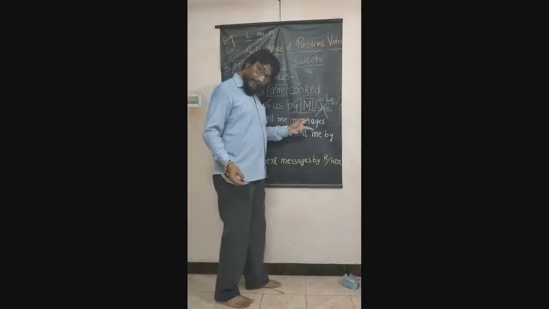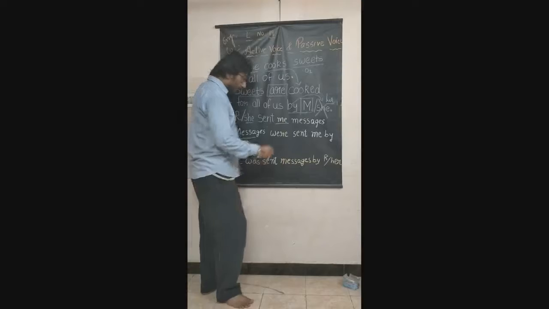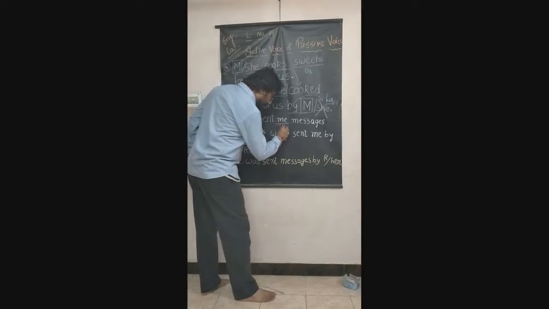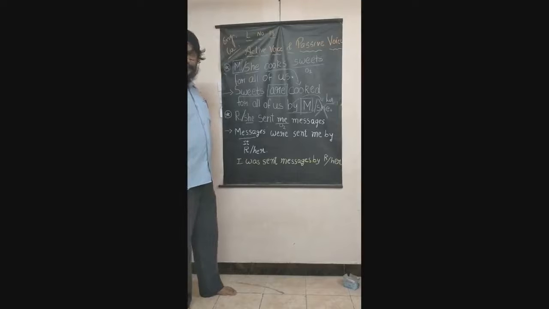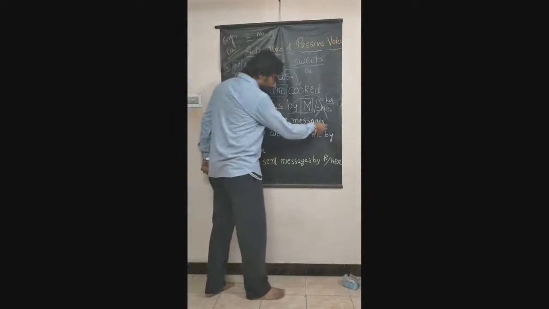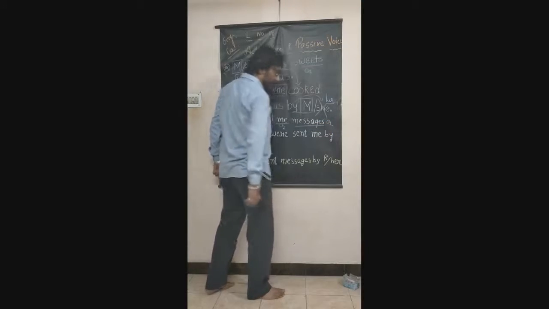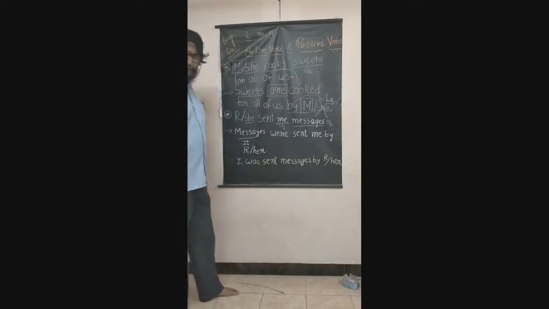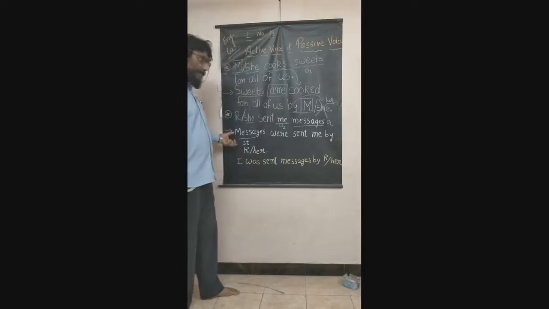Sent me messages. What is this me? Me is equal to O2, that is the second object. Messages is equal to O1, that is the first object. One by one we will give a chance on the initial place.